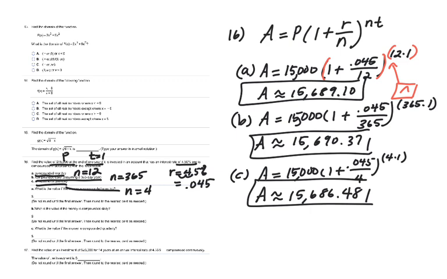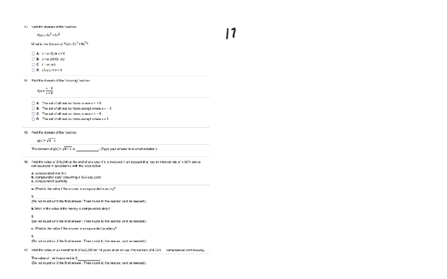Okay, let's look at number 17. Number 17 says to find the value of an investment of $25,000 for 14 years at an annual interest rate of 4.55%, compounded continuously.